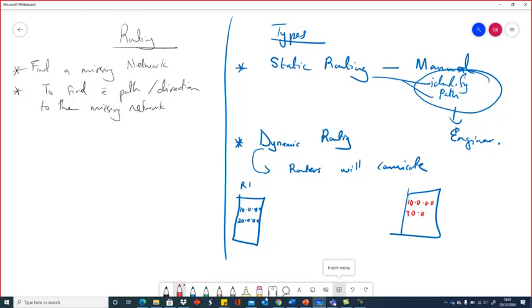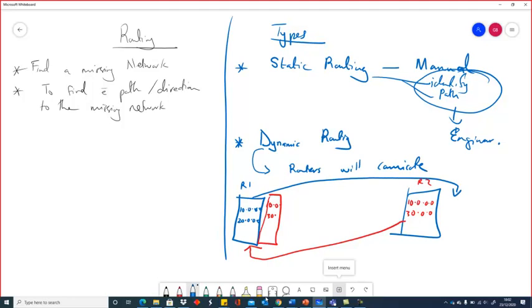So R2 will send its list to R1, so now there'll be a copy of R2's list here, which is 10 and 30. Also, R1 will send a copy of its list to R2, which is 10 and 20.